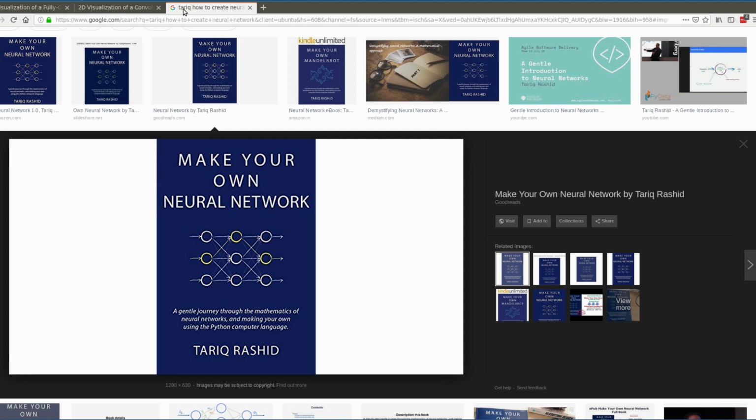And also, if you are interested in creating your own neural network, you can read this book written by Tariq Rashid, which is really well written and explains the mathematics behind the feed-forward and the backpropagation of the fully connected neural network. For now, that's it.